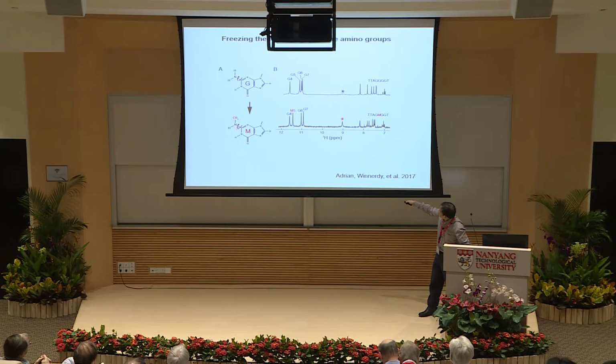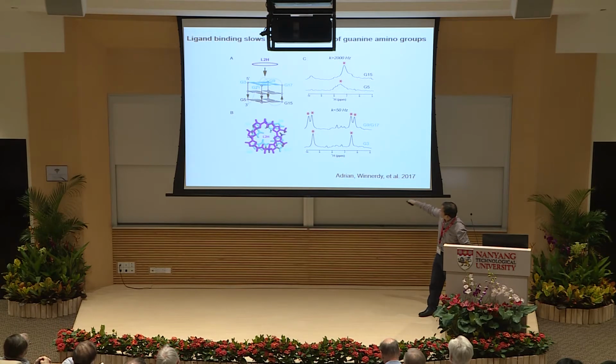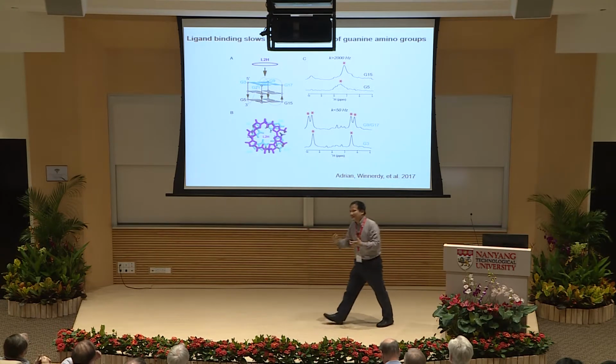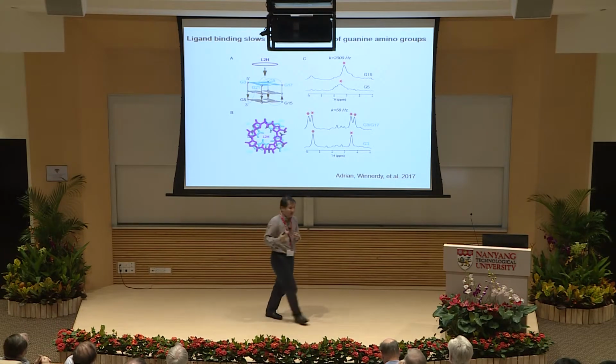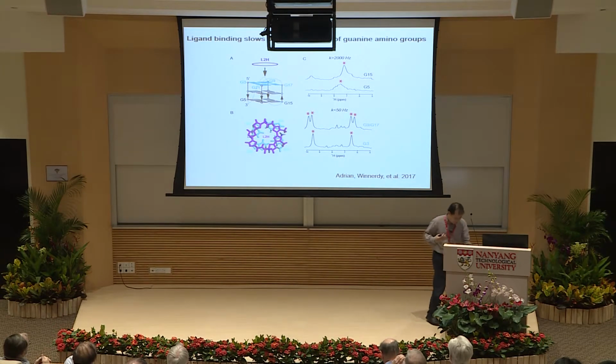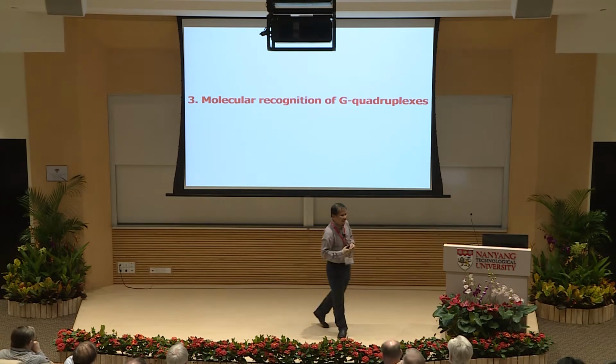If you put a methyl, you freeze out the rotation, it's sharp. Or you can freeze the rotation by hydrogen bond, or by ligand binding. Just to give some flavor that the molecule has some dynamic features inside it, although the core is pretty rigid. For the sake of time, I'm running a bit fast.